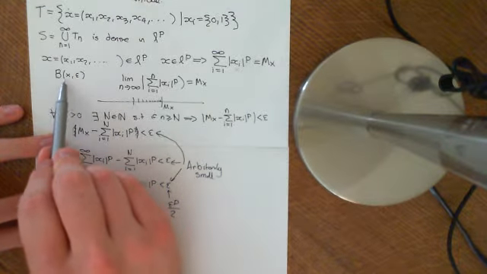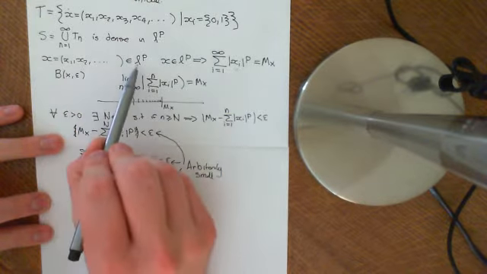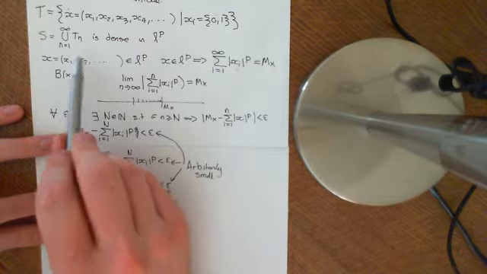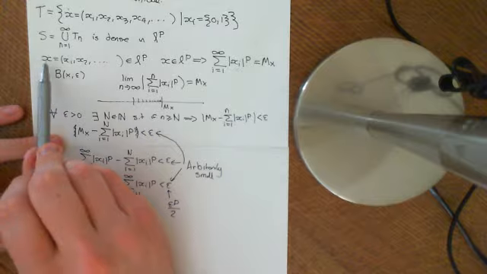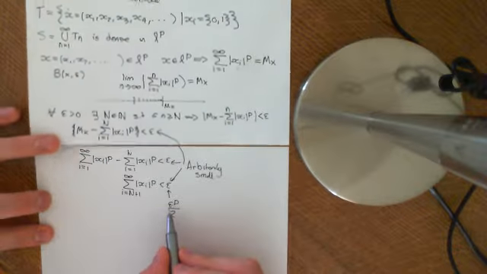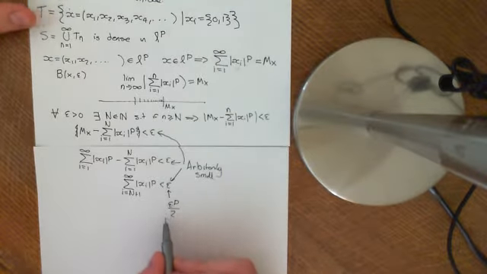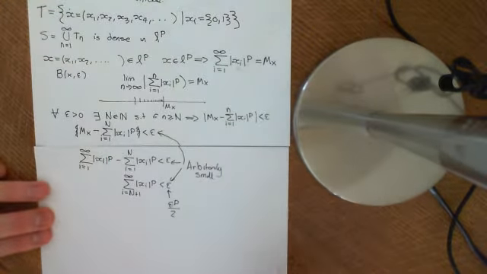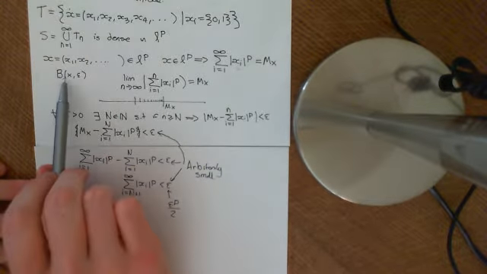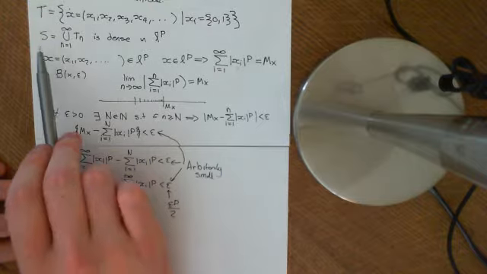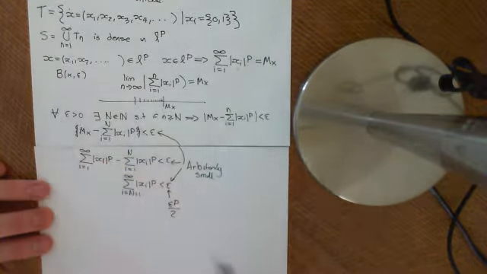I'm taking my sequence x, which is a sequence in LP, and I want to prove that there is a point in S which is a distance less than epsilon away from x. So I'm letting this epsilon to the power of p over 2 be the same epsilon as up there. You give me an epsilon, and you've challenged me to find a point of S within this ball around x of radius epsilon.